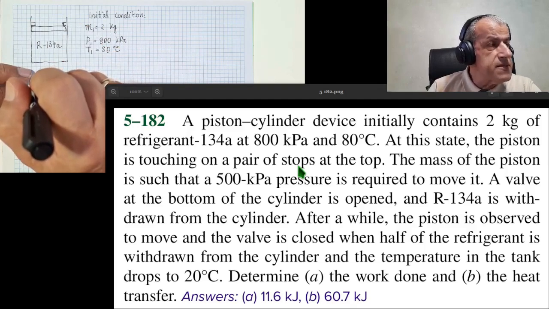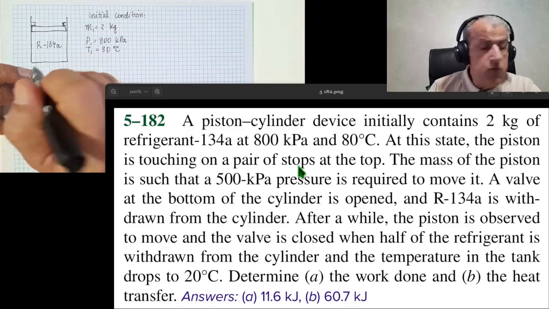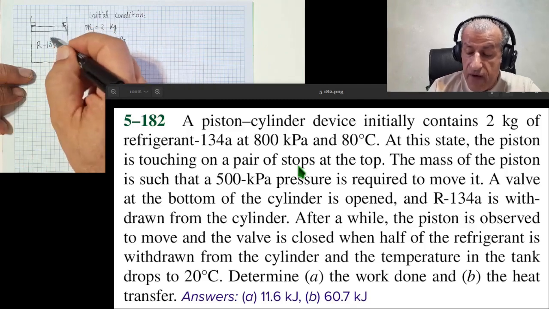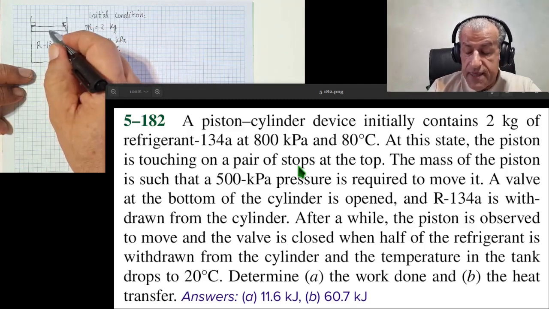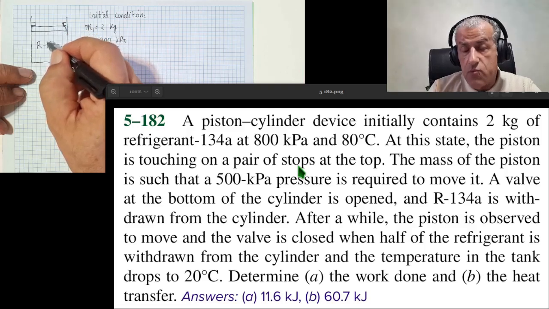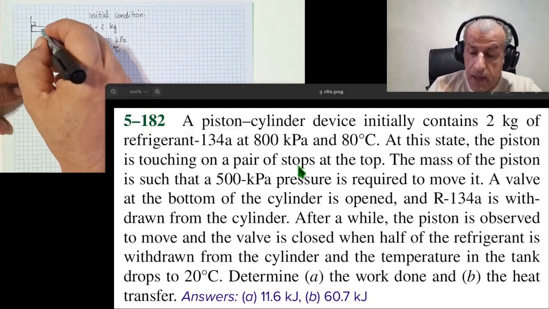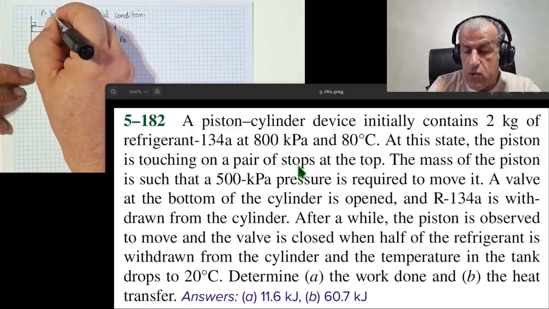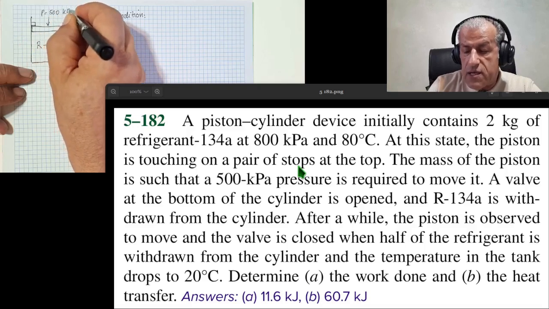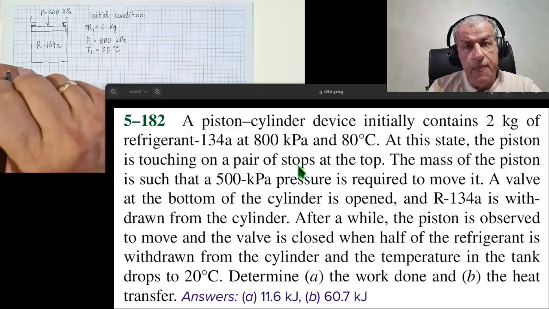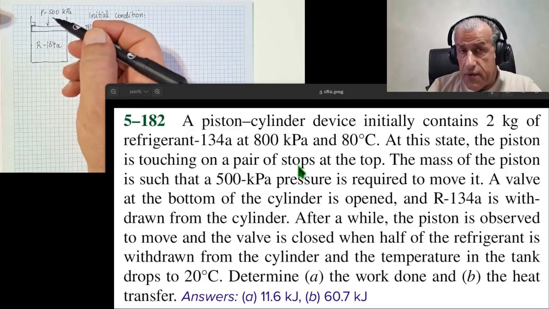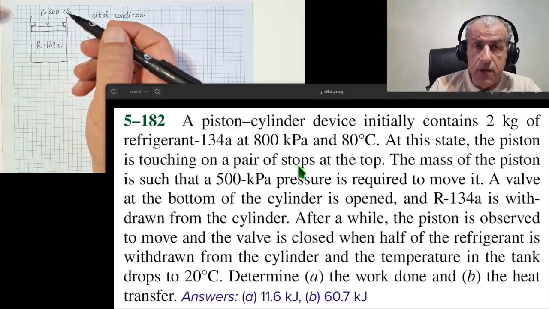The mass of piston is such that a 500 kilopascal pressure is required to move it. So if the pressure is reduced to 500 kilopascals, then the piston would start moving down. So the pressure at the top is P equals 500 kilopascal, and the pressure underneath is 800 kilopascal to begin with.